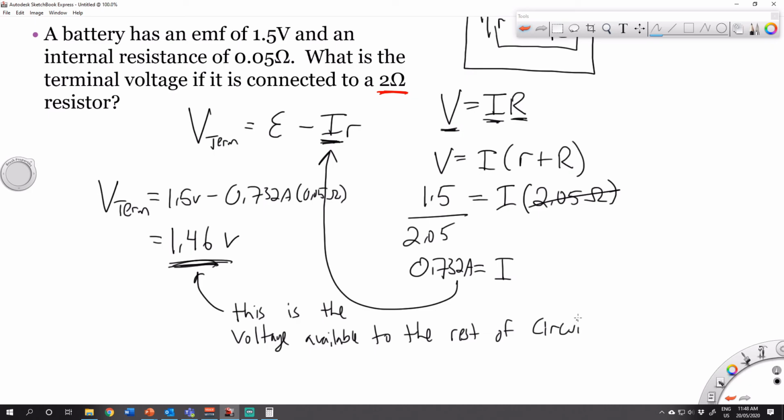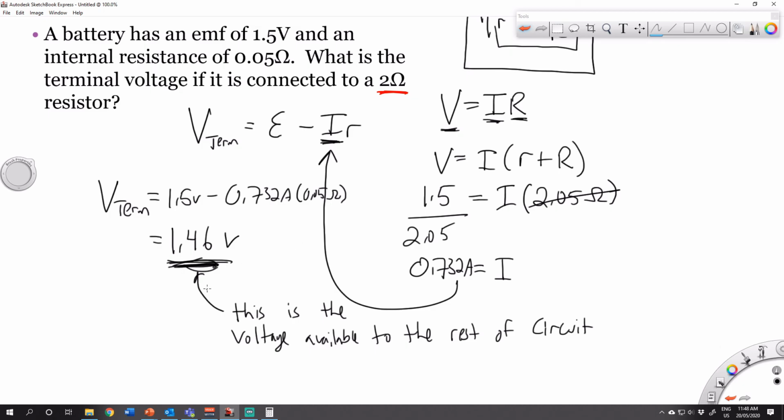So if you had a device that needed exactly 1.5 volts, this battery would not be able to provide it because its terminal voltage is actually less than that. Usually most devices will still operate with a lower voltage, they just won't operate at peak efficiency.